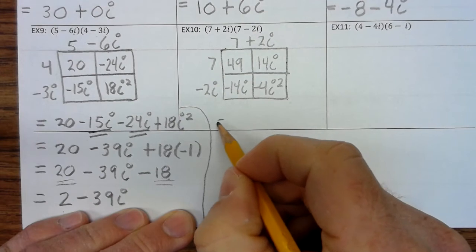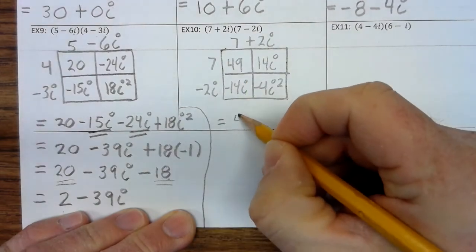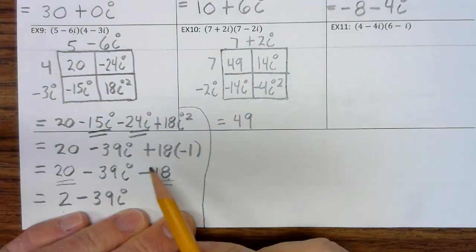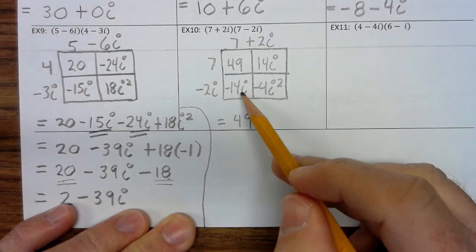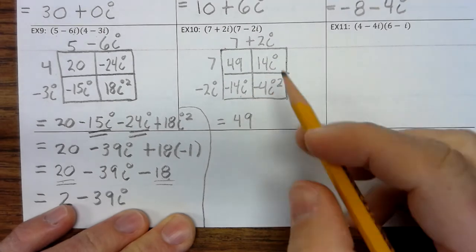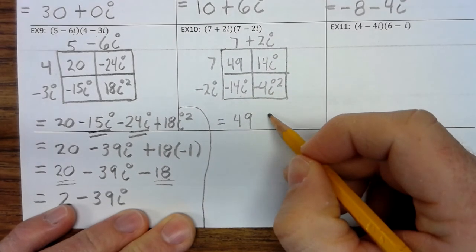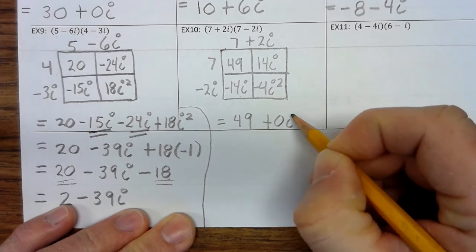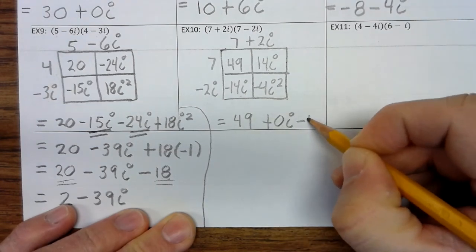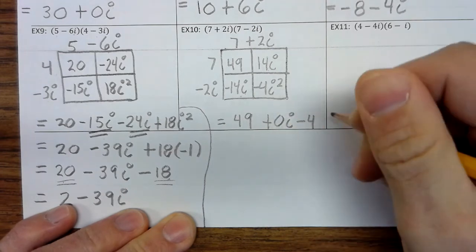So then that equals 49. And really, you don't have to write this step where we wrote those. You can just do it here. You can combine terms. Negative 14i plus 14i is 0i. And then minus 4, I squared is negative 1.